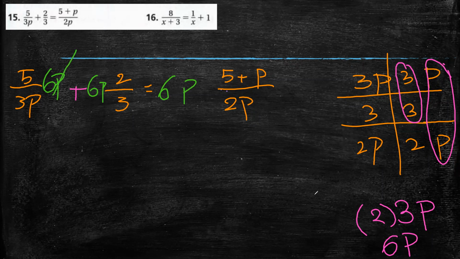Then p cancels p, 3 divided by 3 is 1, and 6 divided by 3 is 2.